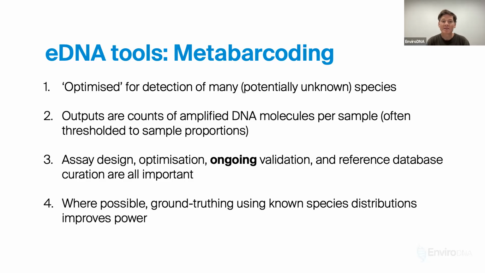And finally, where possible, ground truthing using known species distributions can be incredibly important for metabarcoding data because of the size of reference databases, and sometimes incompleteness or the errors that are within them. Using known species distributions, for instance, for fish and vertebrates, works quite well in Australia.